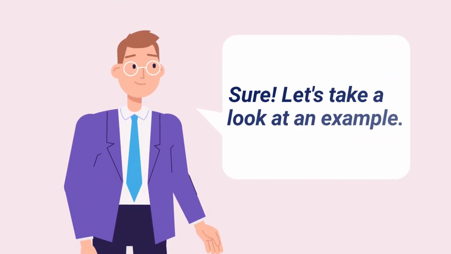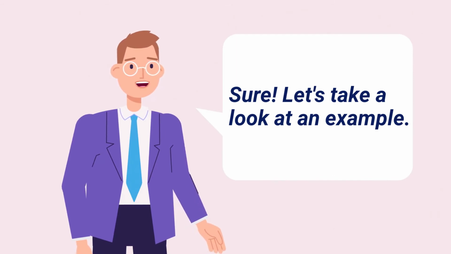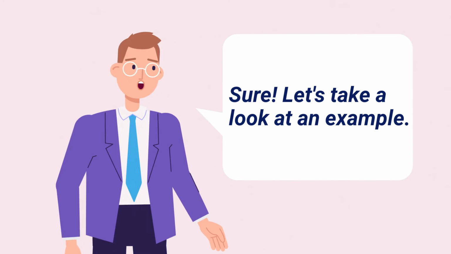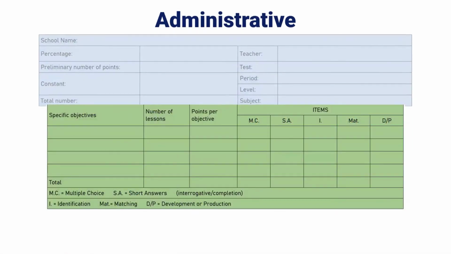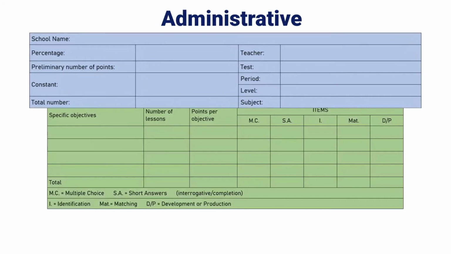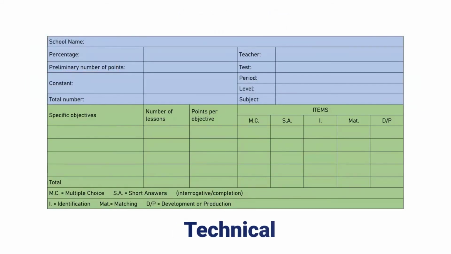Colin then proceeds to show a sample of this tool, pointing out each of its components. The TOS has 2 main parts: the administrative and the technical part. The administrative section includes aspects like the school's name, the teacher's name, the type of test, the assigned percentage, and the preliminary number of points, among others.